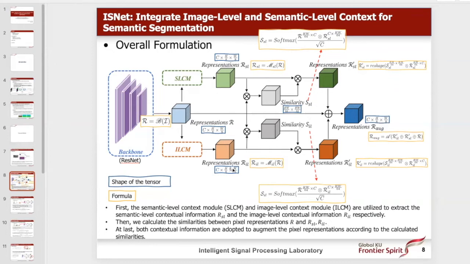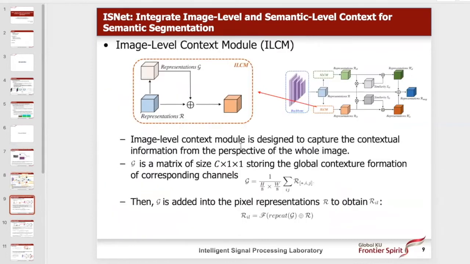And the box with the blue boundary represents the shape of the tensor. And this is the overall formulation of this paper. And next I will introduce the semantic level context module and the image level context module respectively.